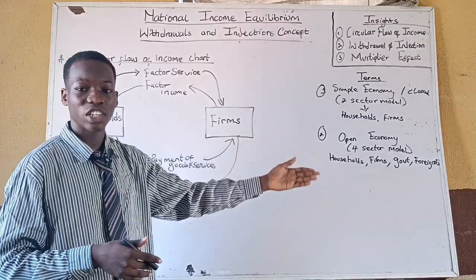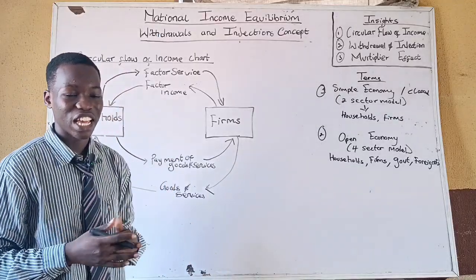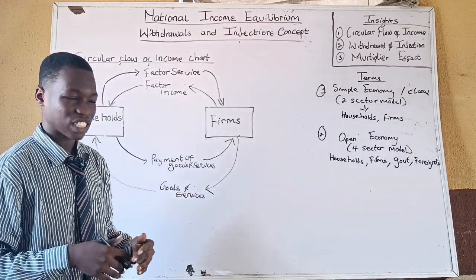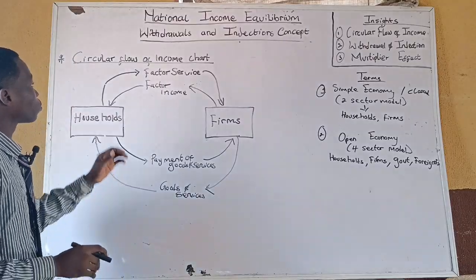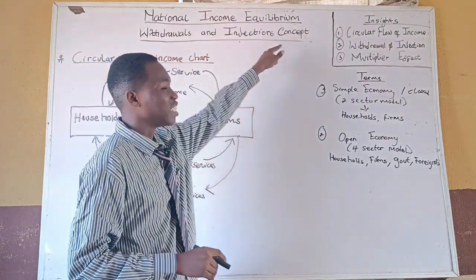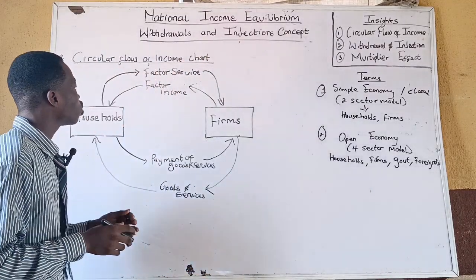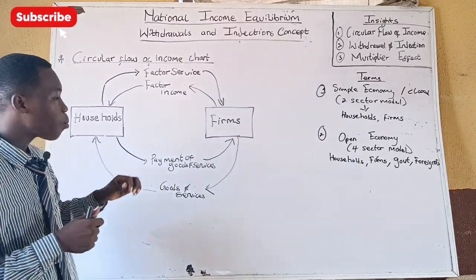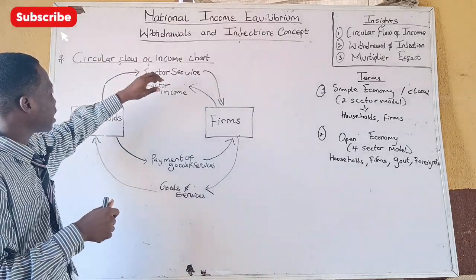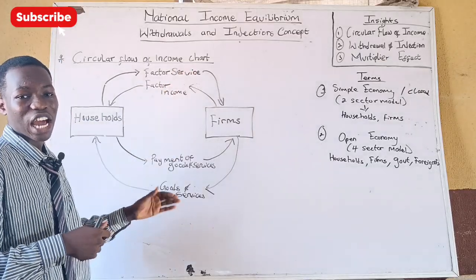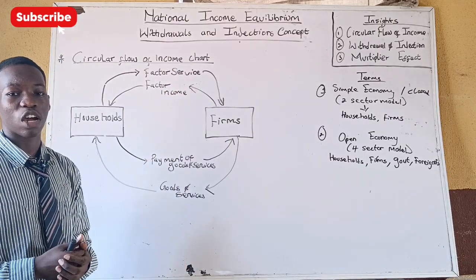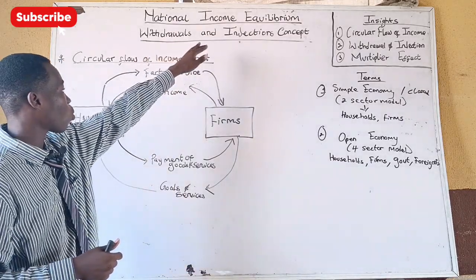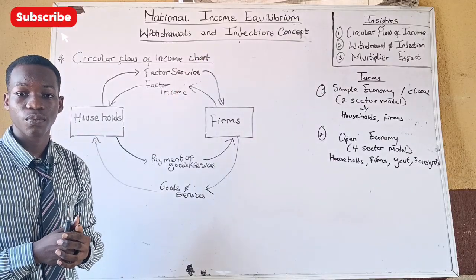And for foreigners, we are talking about import and export, but let us not move to that yet. So the withdrawal and injection concept is just trying to tell us about how money is entering into the circular flow and how money is coming out of the circular flow. That is the withdrawal and injection concept.